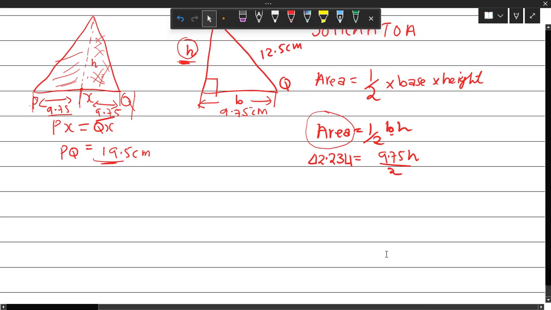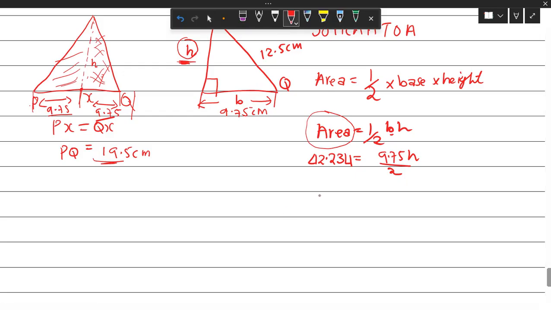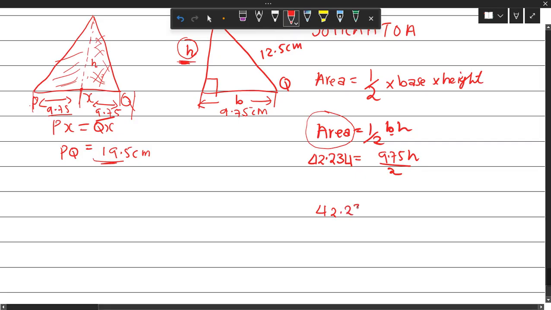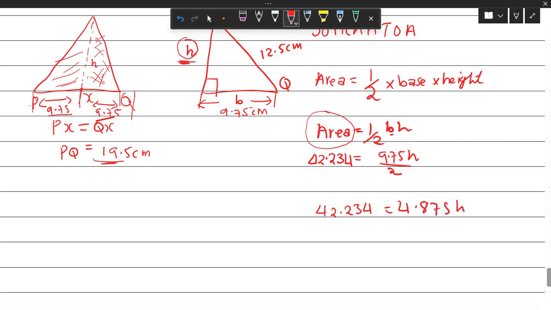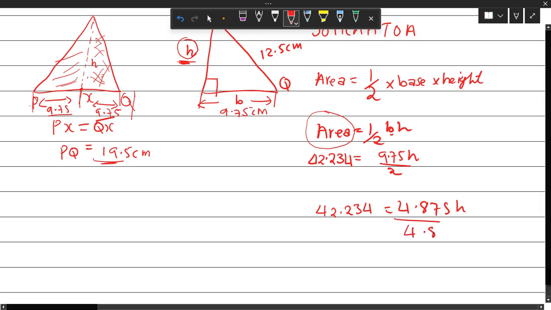So 9.75 divided by 2 will give us 42.234 equals to, when you divide by 2, it will give you 4.875h. So we want to get h, we divide by 4.875 on both sides.